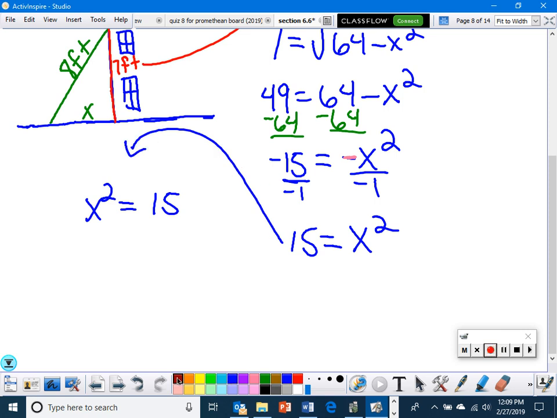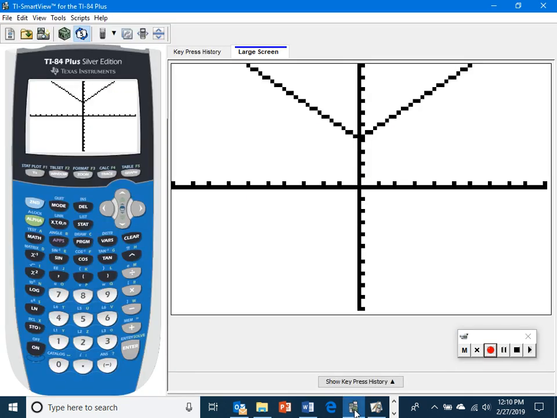Now, I want to get x by itself, so we take the square root, and we've got to remember the plus or minus. I am going to find the actual decimal, because you really don't know what the number is unless you have the decimal. So I'm going to use an approximately equal sign here: x is approximately plus or minus the square root of 15. Let me pull up the calculator.